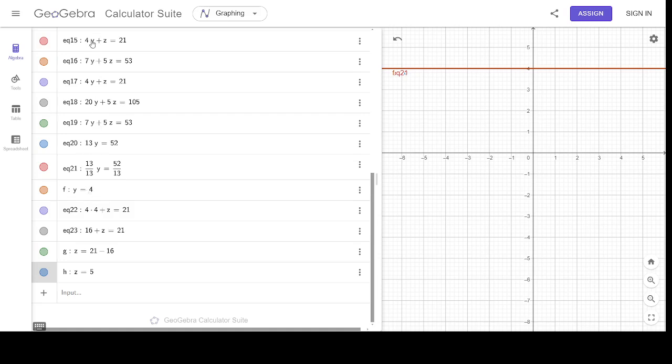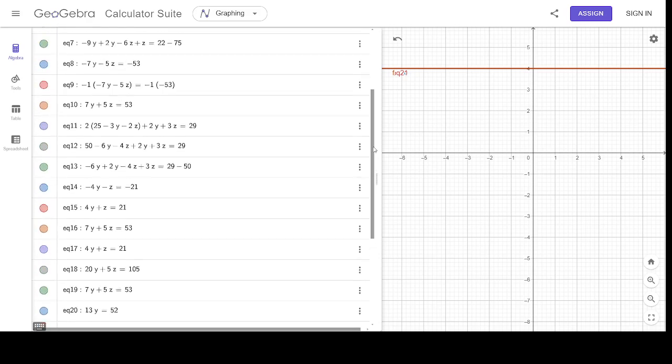So it's 4 times 4 plus z is equal to 21. Now, this translates to 16 plus z is equal to 21. So it implies that z is equal to 21 minus 16. Then z is equal to 5. So now we have the value of y and the value of z.